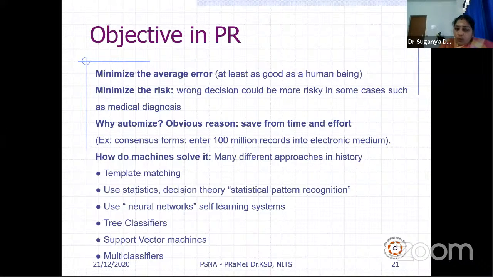Why do I have to automate this? Obvious reason, save time and effort. Say for example, I am working in NIT Silchar, and obviously people know this. Silchar is a town in a hill area, and the resource scarcity is everywhere.